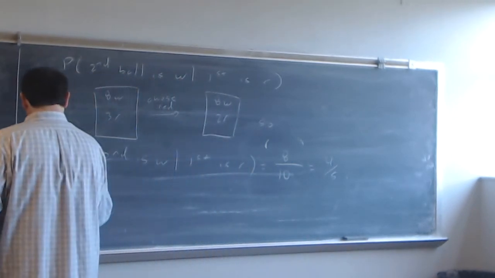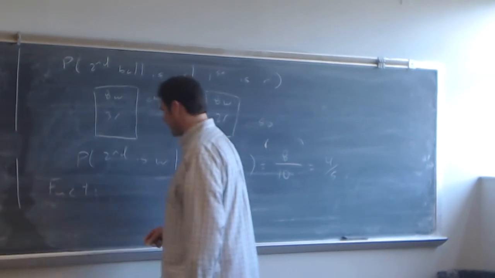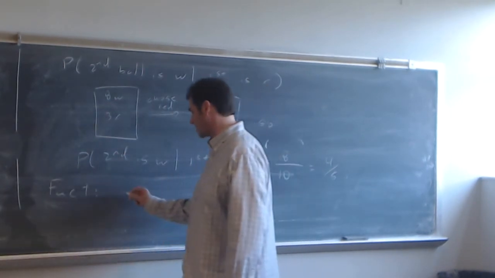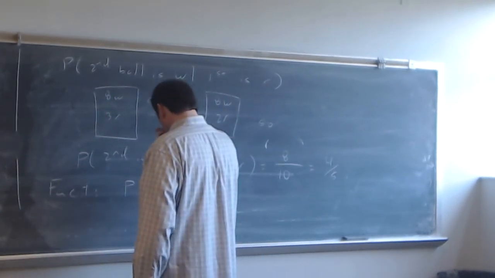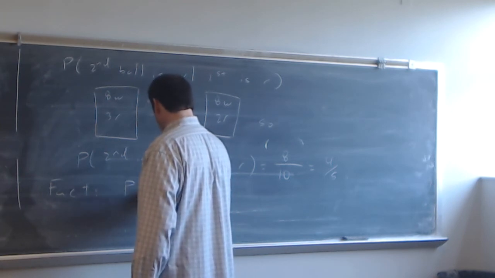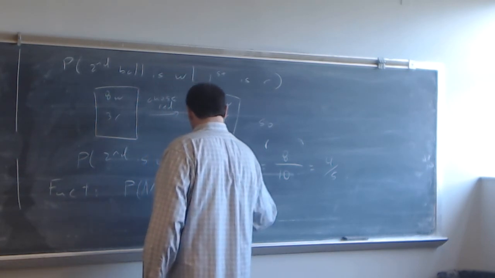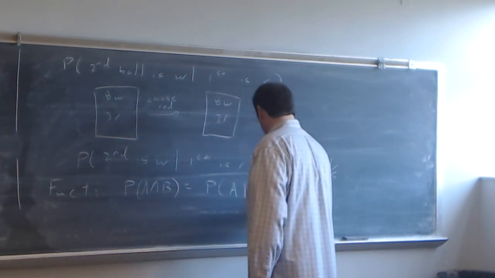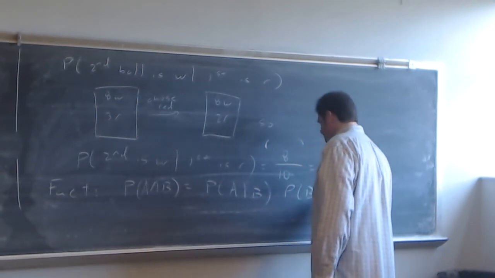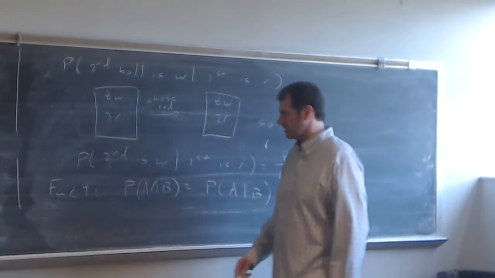Well, as a fact, this stems from the definition of a conditional probability. The probability of A intersect B is equal to the probability of A given B times the probability of B. Again, this is very easy to see.